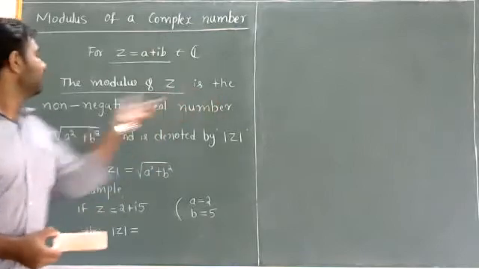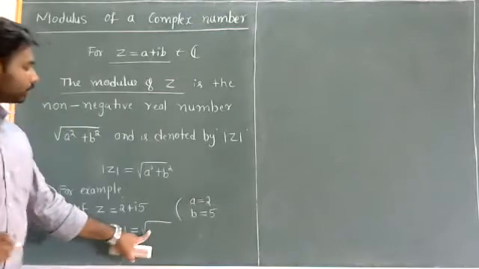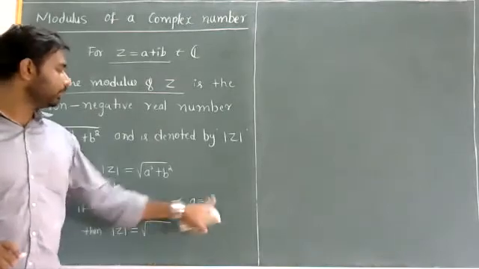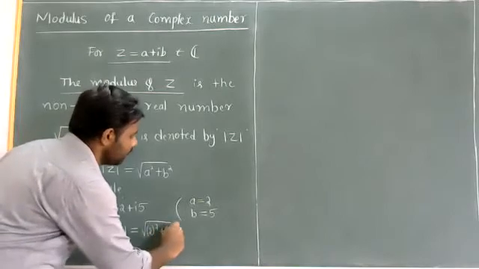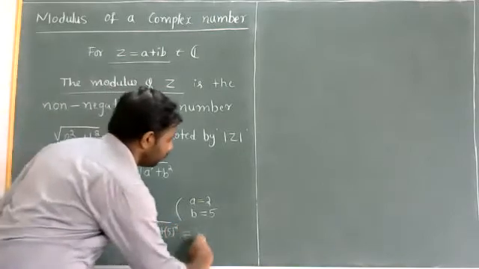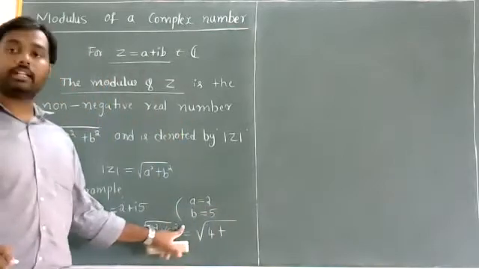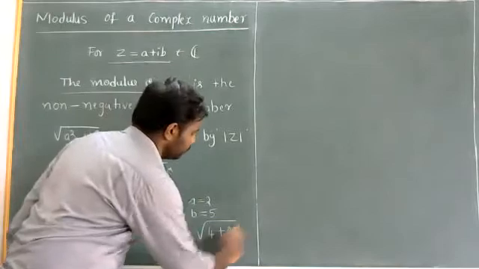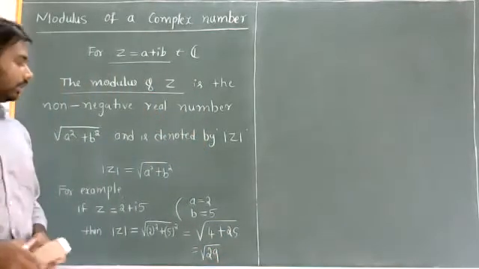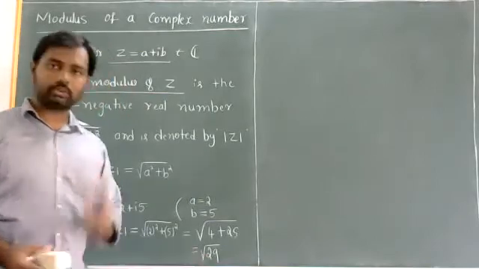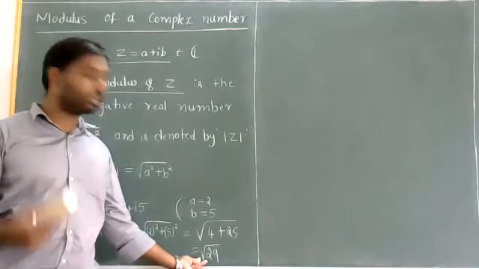It is the non-negative real number square root of a square plus b square. So a square means 2 square, plus b square means 5 square. So 2 square is 4, 5 square is 25, so it is square root of 29. Actually, square root has two values, but we consider only the positive value of the square root.